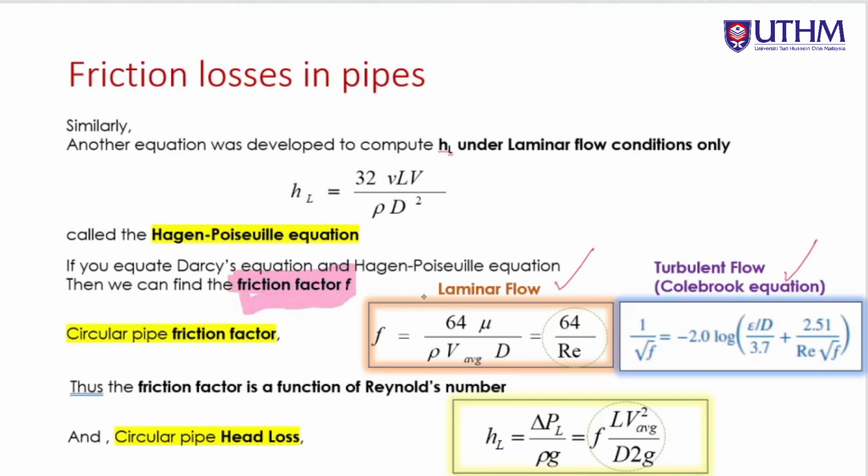So if it is a laminar flow, by equation we can refer to the friction factor equal to 64 over the Reynolds number.